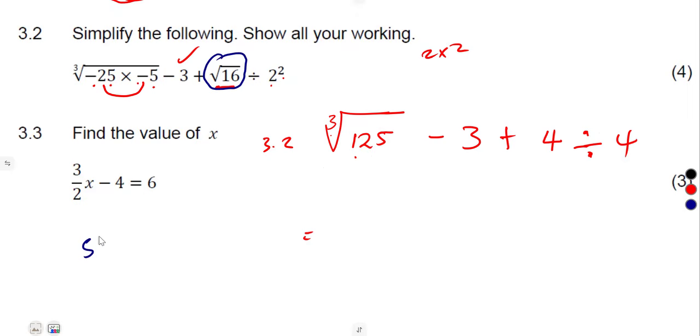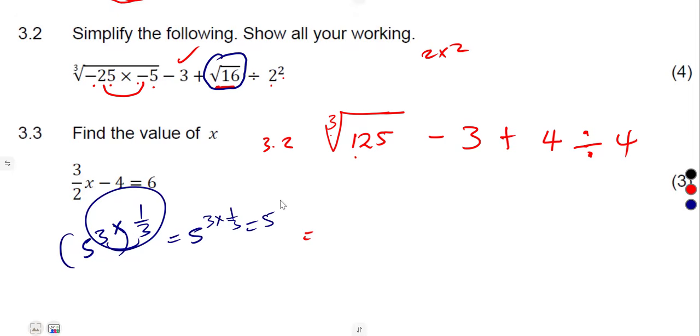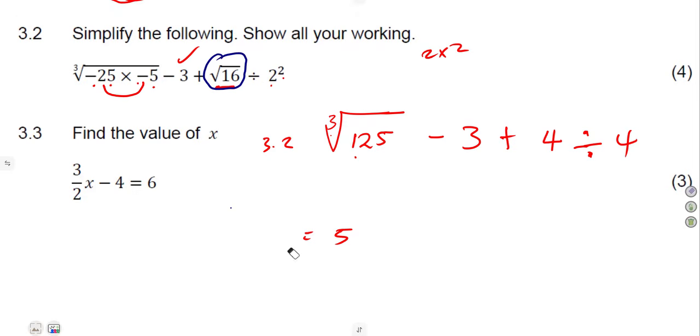So it is 5 to the exponent of 3. Then the cube root means to the exponent of a third. Remember, exponent to exponent, you multiply. So that's going to be 3 times 1 over 3, which is 1. So 5 to the exponent of 1, that is what? That is a 5. Or, guys, if you know the cube root of 125 is 5, just write the answer. We know this one, all right?